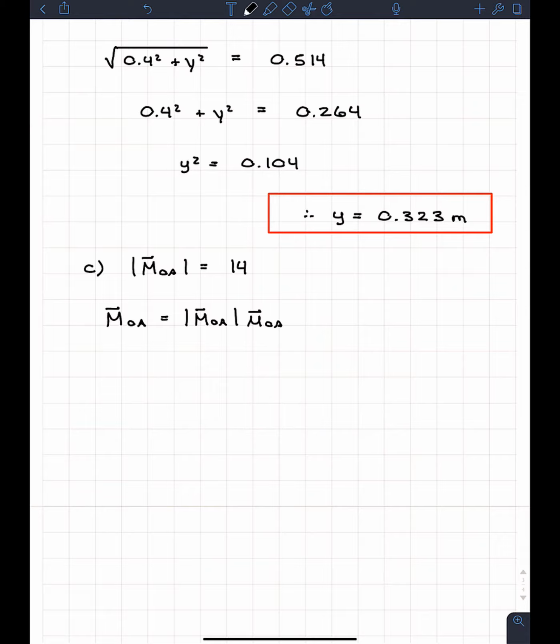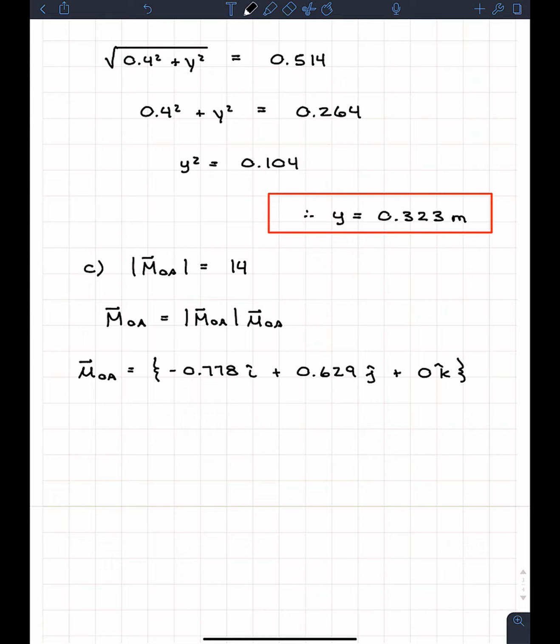After substituting y, you get UOA is equal to, I'm going to put the squiggle brackets, negative 0.778 in the I direction, and then plus 0.629 in the J direction, and plus 0 in the K direction.